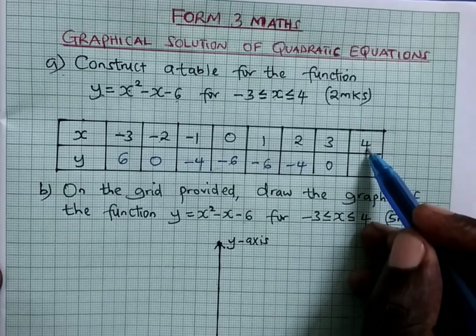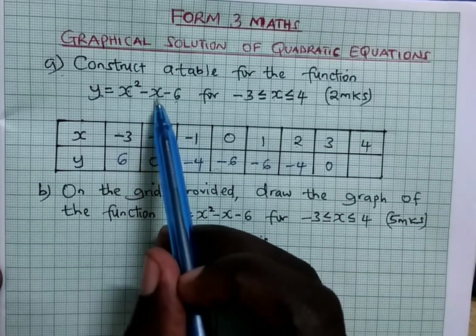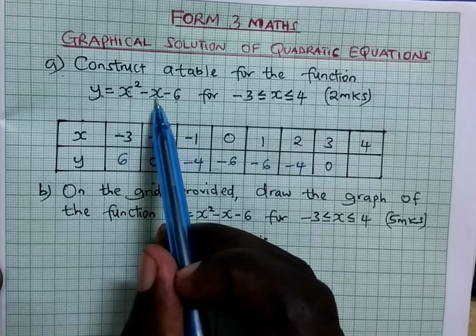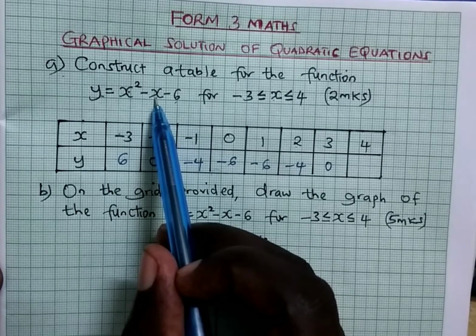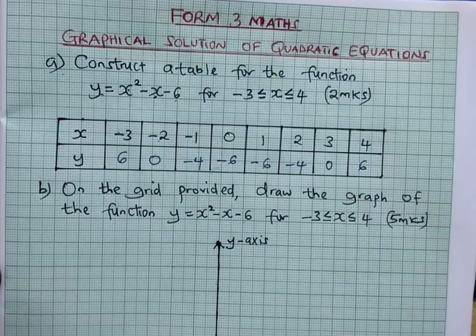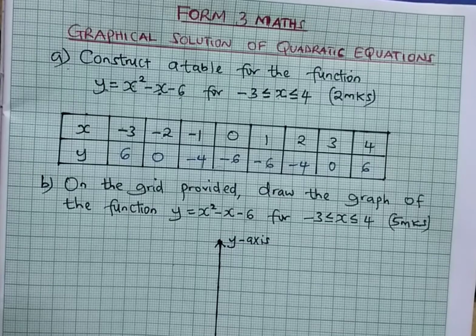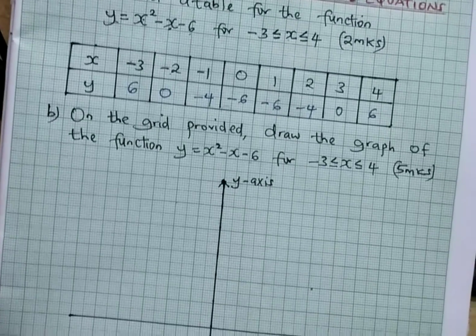And when x is 4, we have 4 squared, which is 16, minus the value of x, which is 4. That will give us 12. 12 minus 6, you get 6. And by so doing, you have now completed that table very well.